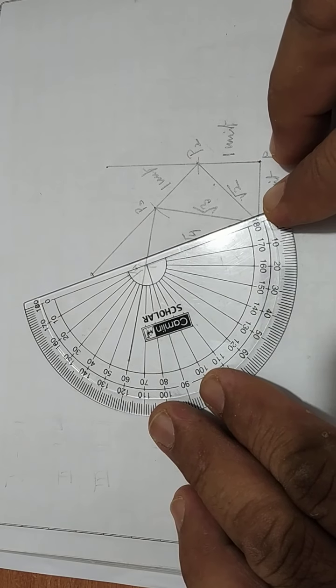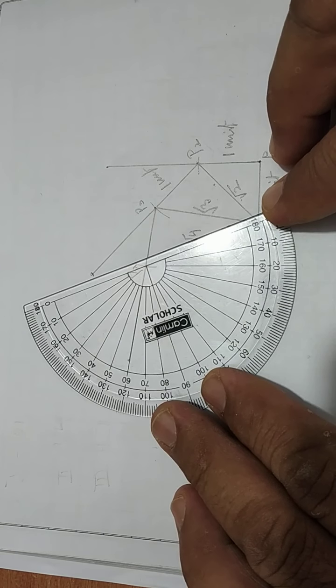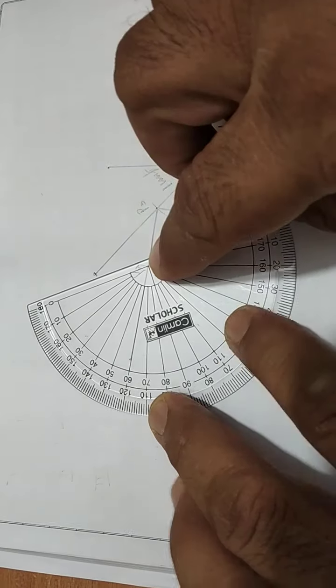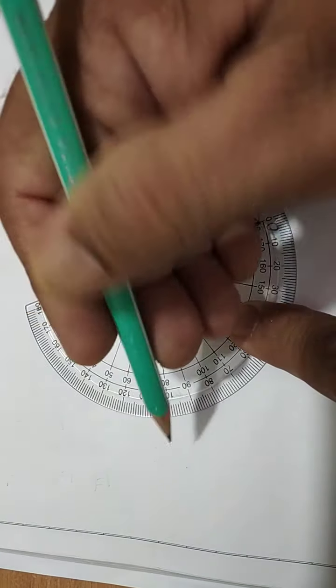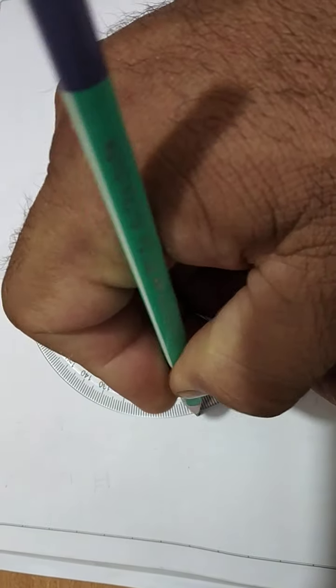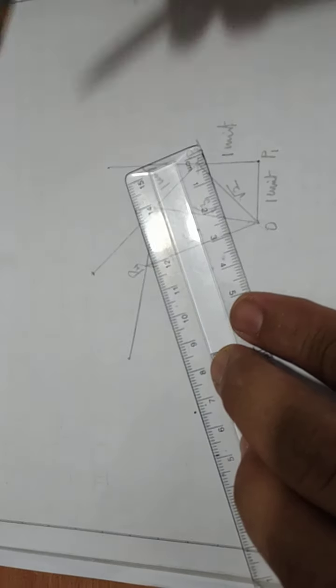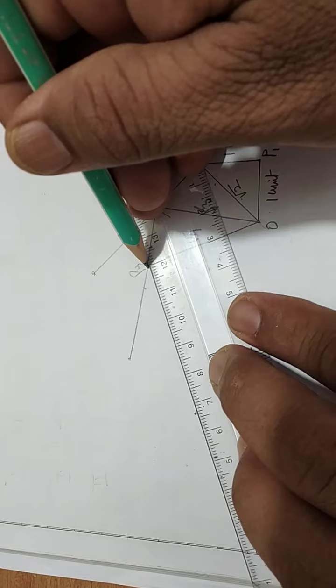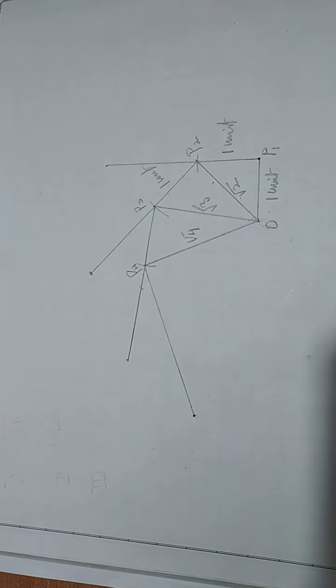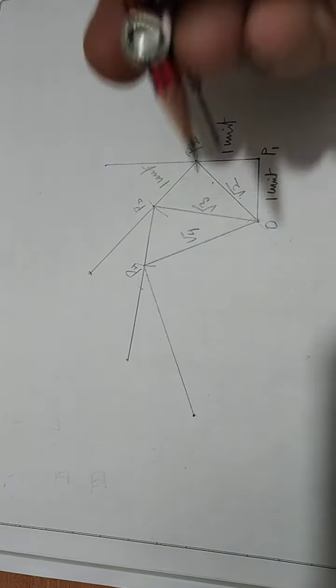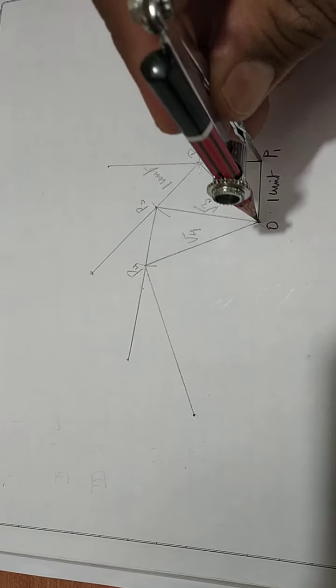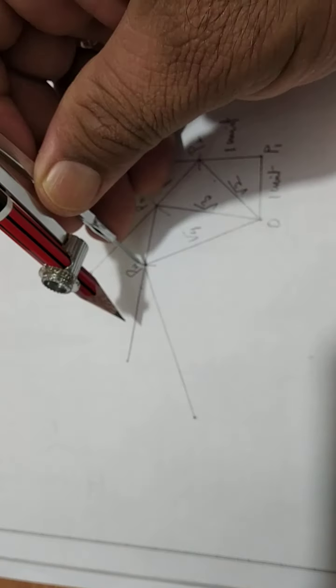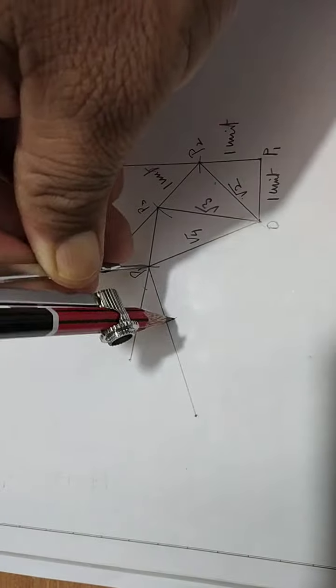and again on this OP4, if you repeat the same thing, now put your D on OP4 like this and again make a right angle, and this is the vertical line to OP4. You have already measured this 1 unit in the compass and put it on P4 and cut this vertical line.